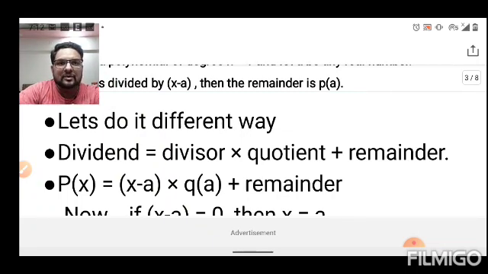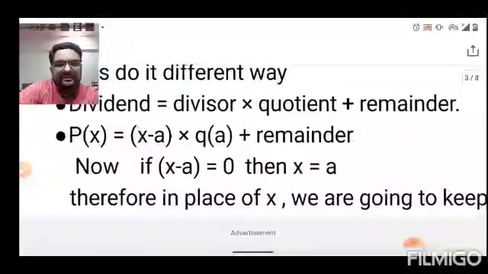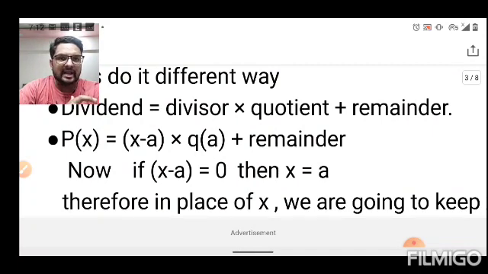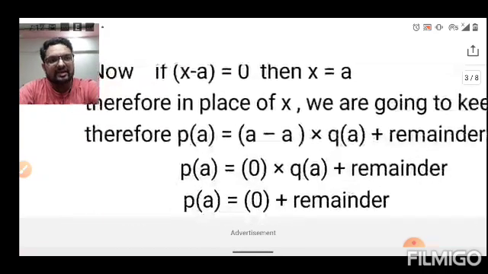So we can express that as p of x equals x minus a into q of x plus remainder. Now, if x minus a is equal to 0, then x will be equal to a. Therefore, in place of x, we are going to keep the value x equals a.